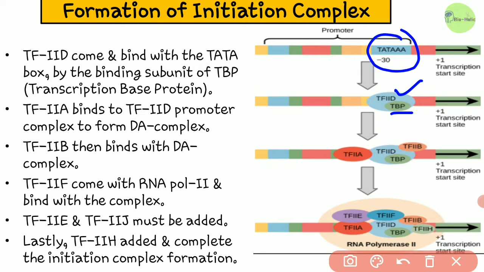Then transcription factor IIA, following TFIID, comes and binds with it to form a DA complex. Then TFIIB binds with the DA complex, and then TFIIF comes along with RNA polymerase II and binds with the complex.